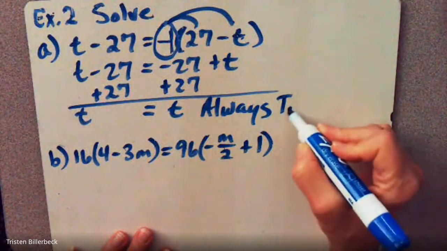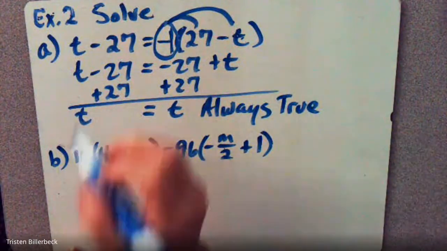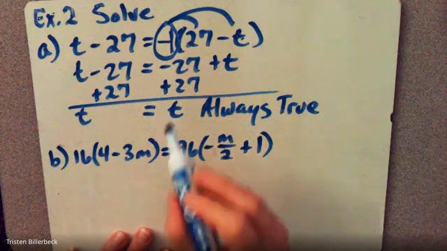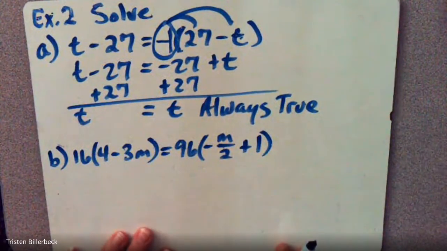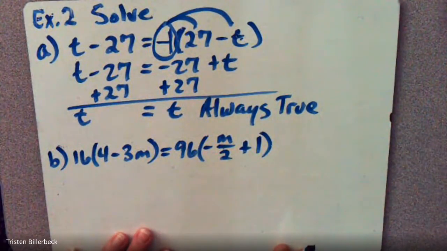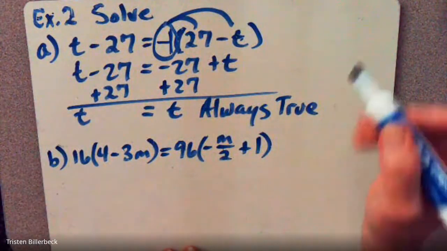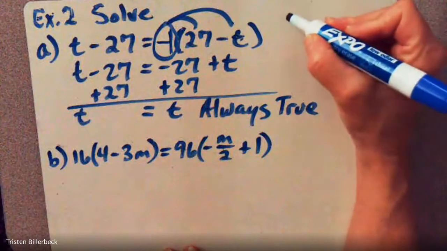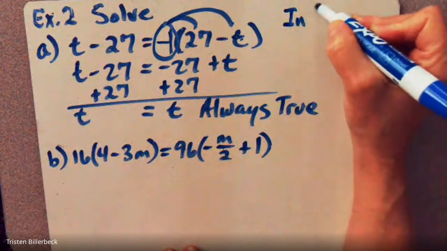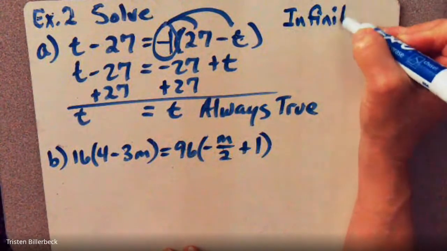If we had subtracted t on both sides, we would have had negative 27 equals negative 27. So that would have been always true. So this means that we have infinite solutions.